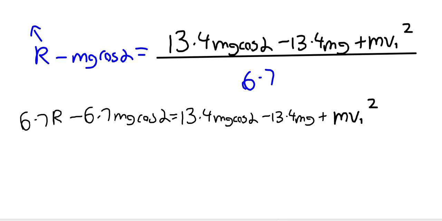Okay, next thing, 6.7 R equals, bring the 6.7 over to your side, and what do we get? What's 6.7 plus 13.4? I think it's like 20.1, is it?